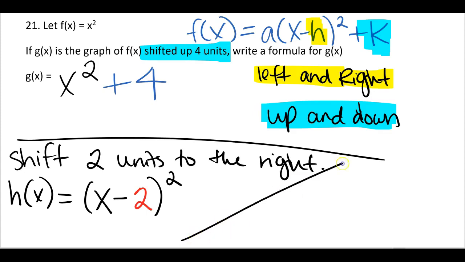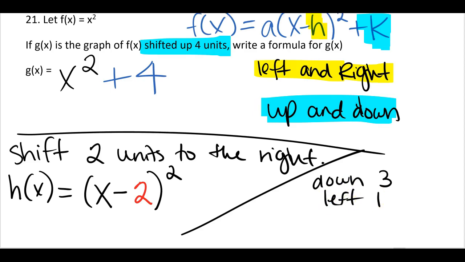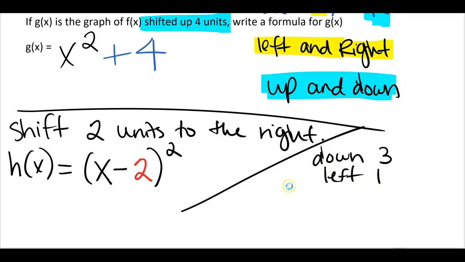What if I said it went down 3 and to the left 1? What would that look like? So if we start with f of x equals x squared, that means we have an h and a k we need to put into our formula. So we'll call this t of x.